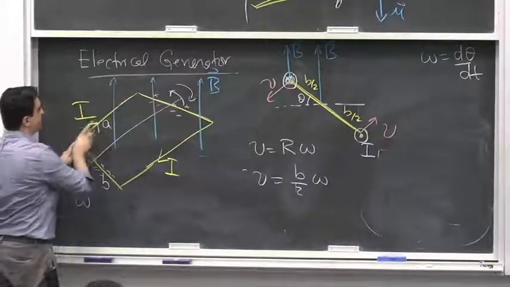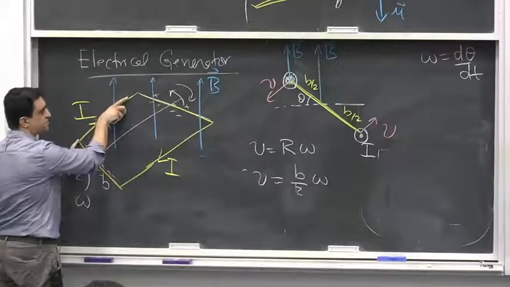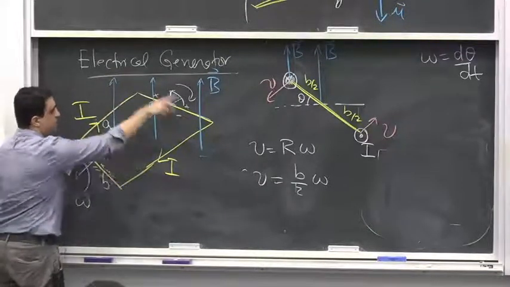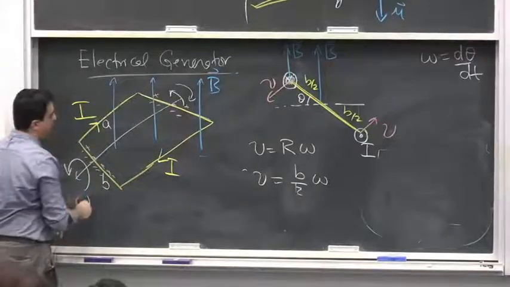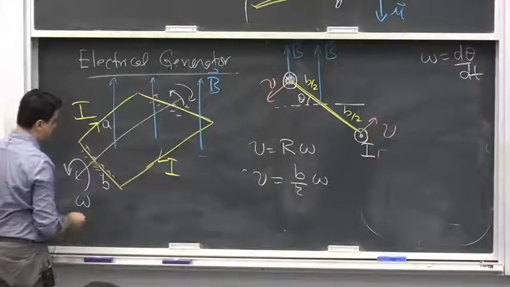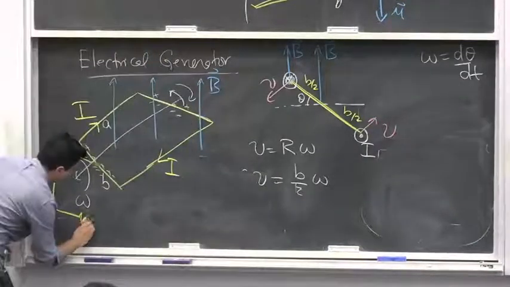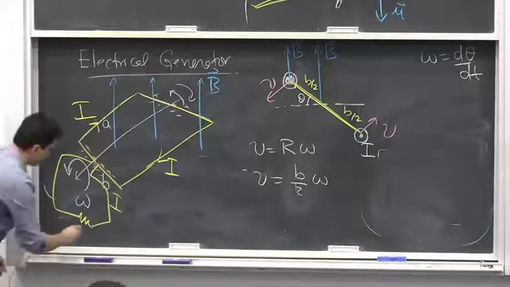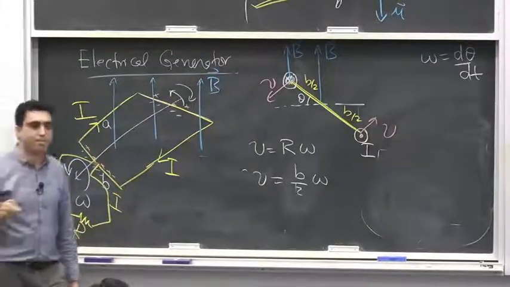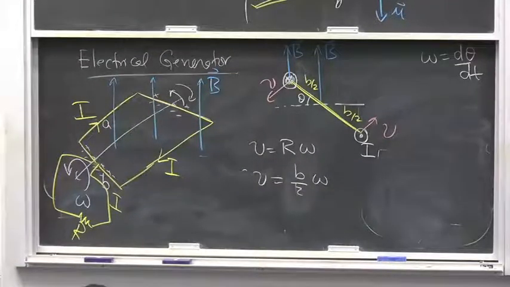But anyway, you have a current which is generated because of circular motion here, and a current here, so you would have a full current which would flow through a circuit. Let's say you can connect it to a certain resistor, and you would have a current flowing through it, such that a certain power would be dissipated across the resistor.